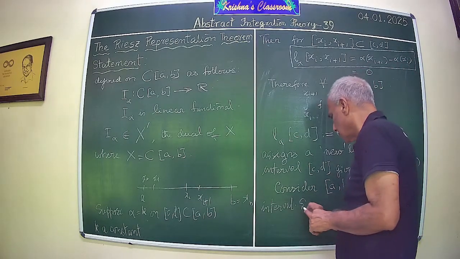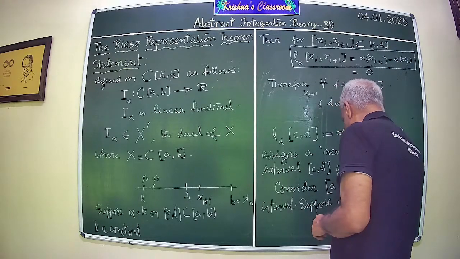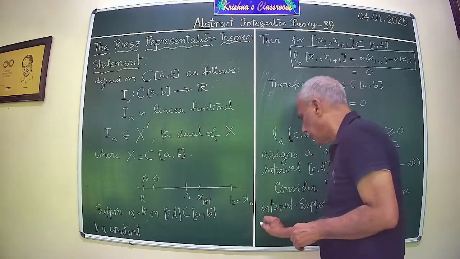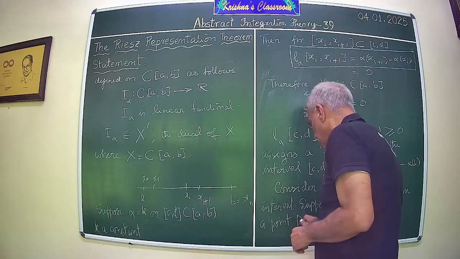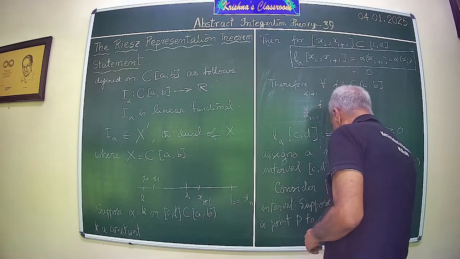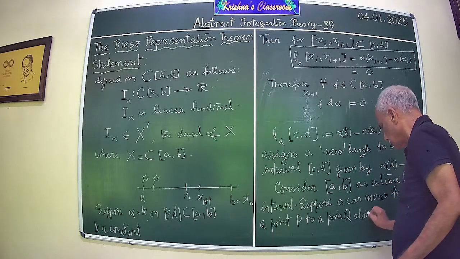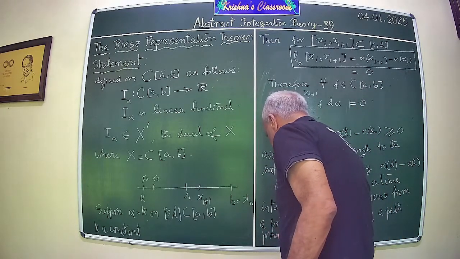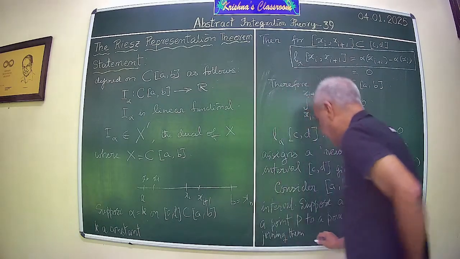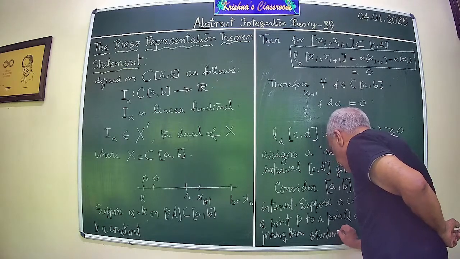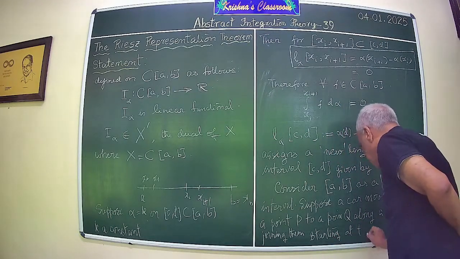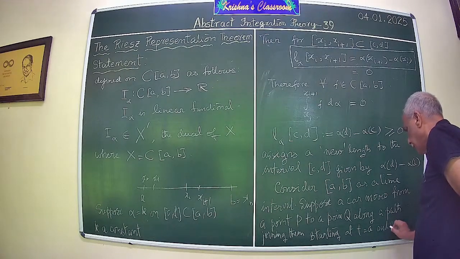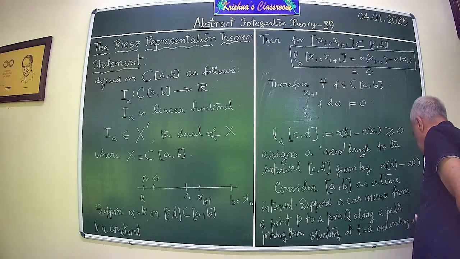So suppose a car moves from a point P, joining them, starting at time t equal to a and ending at t equal to b.